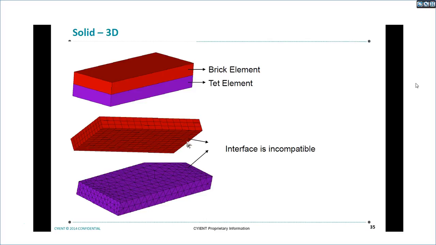So when I try to do the meshing, here we have quad faces, here we have tria faces, and since they are together, the interface is completely incompatible. Okay, because they have different types of element faces.